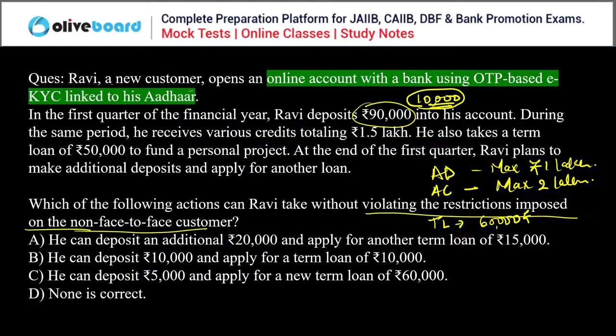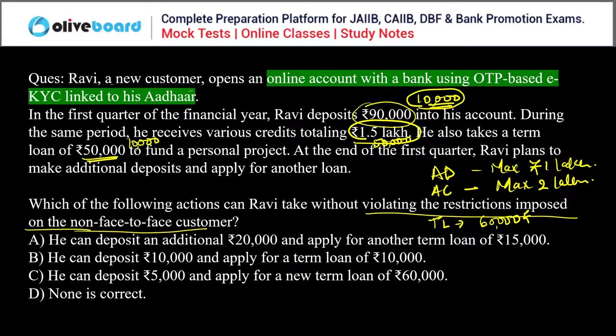Now, during the same period, the credits total 1.5 lakh. The maximum credits you are allowed is 2 lakh, so 50,000 is left from the limit. And the term loan is 50,000, so an additional 10,000 term loan you can borrow.